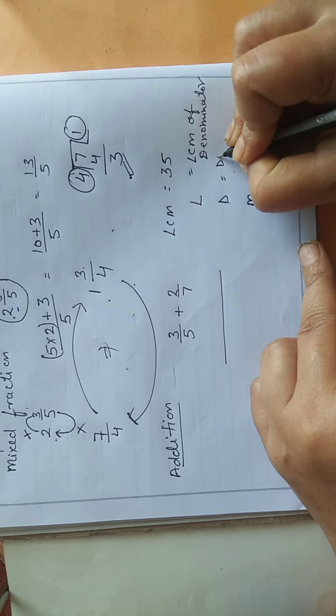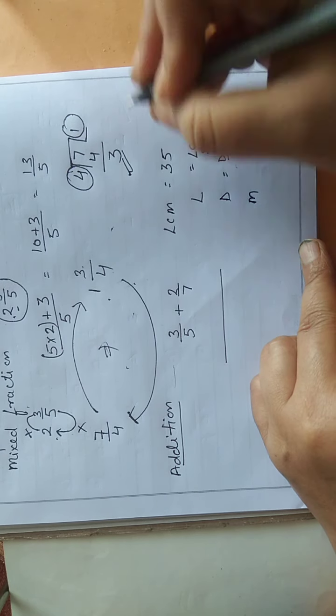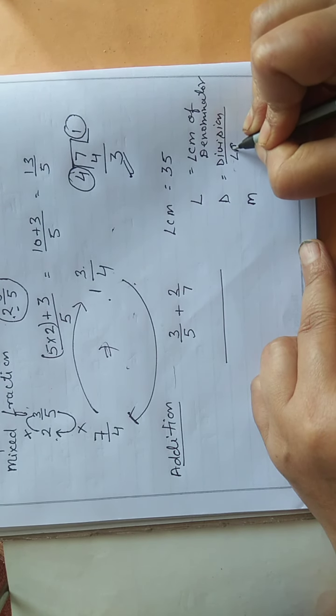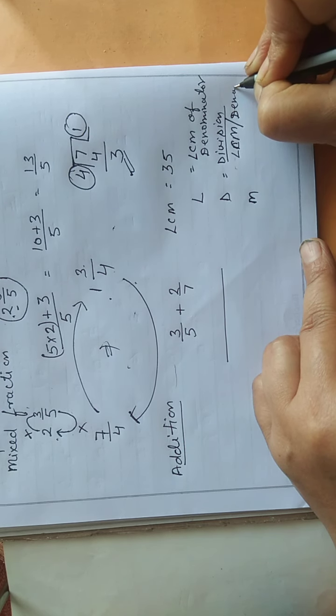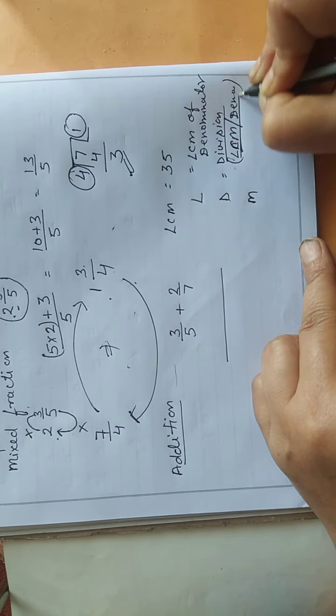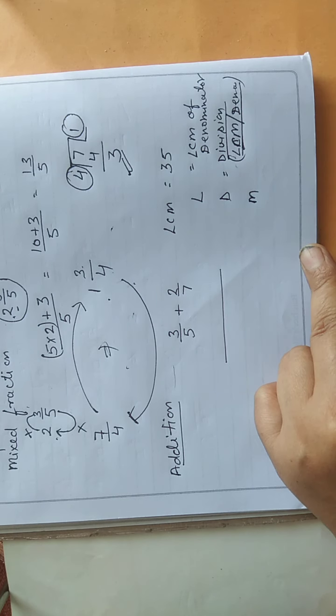D means division. Division of what? Whatever LCM you are getting, you have to divide that LCM by the denominator.